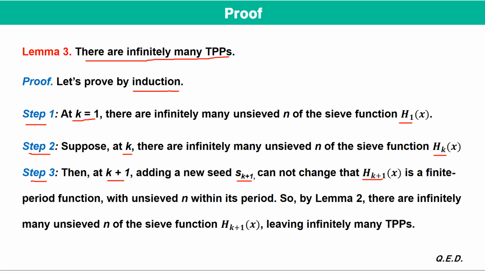So, by lemma 2, there are infinitely many unsieved n of the sieve function hk plus 1, leaving infinitely many TPPs. Thank you.